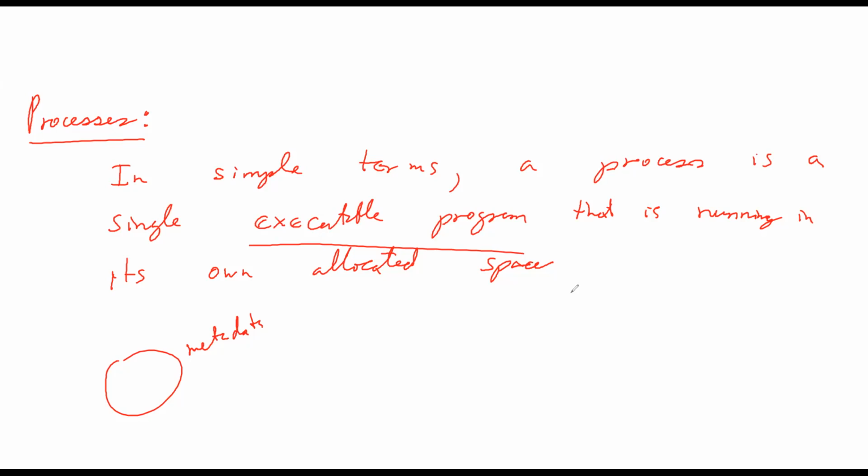Within this idea, we have a couple of terms that we should define. As part of processes, we have the batch process. You know that you can run a script from the terminal, and that will become a process itself. But you can also have what is called batch processing.